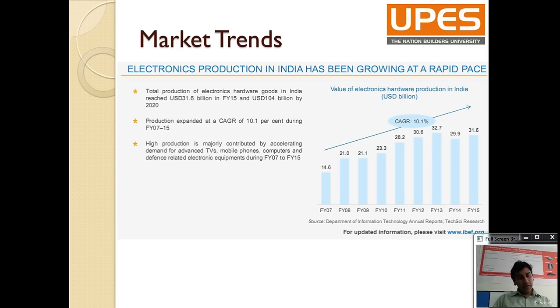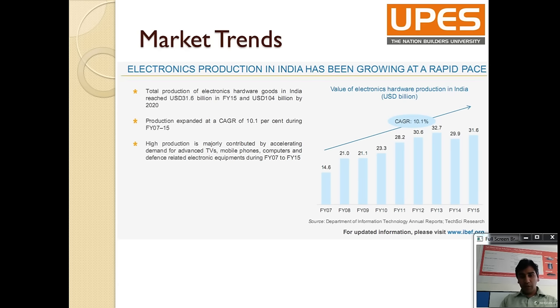Future market trends. If you see this graph, it shows data statistics from financial year 2007 to financial year 2015, and you can see a growth of 10.1% CAGR, compound annual growth rate.